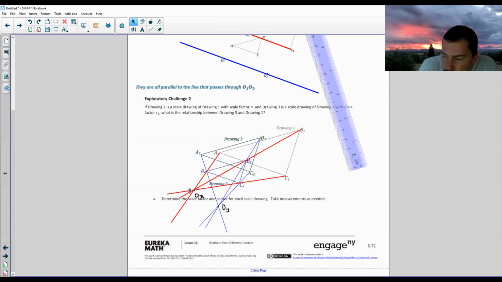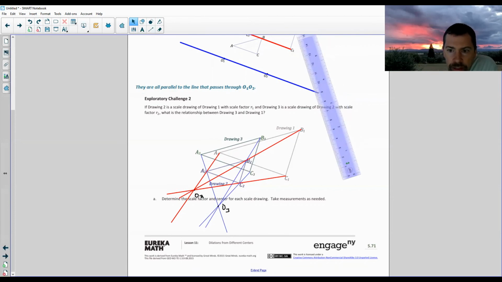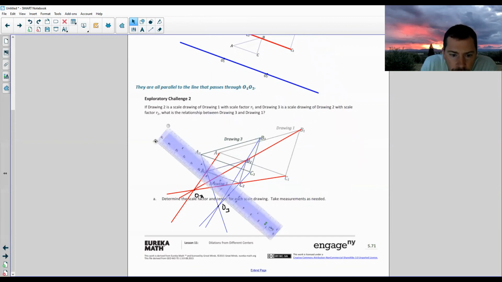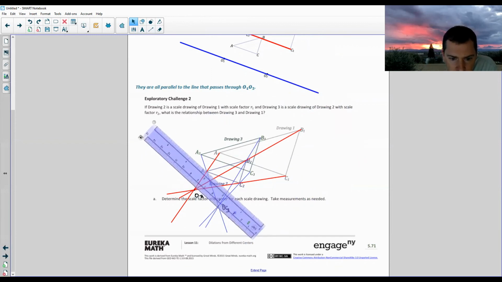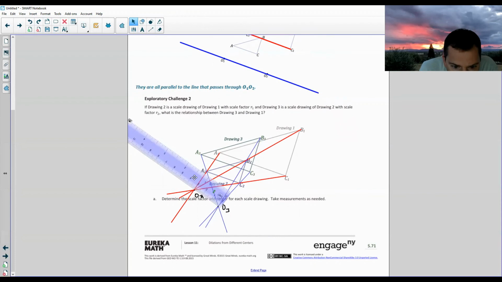There's O3, there's O2. Now I'll use my ruler and draw a segment. Now I've already used those two colors. Let's use green.